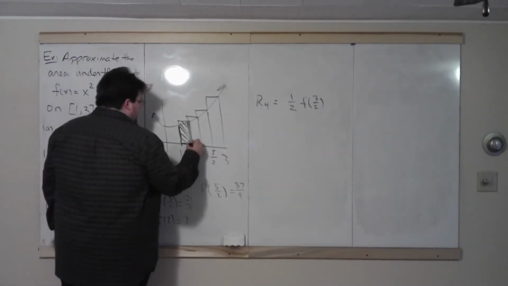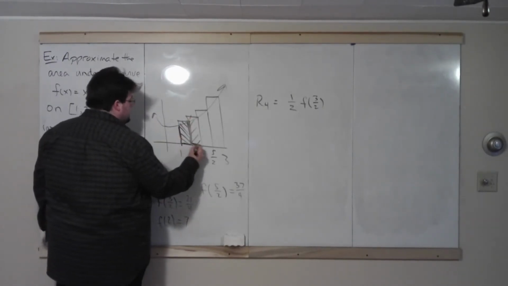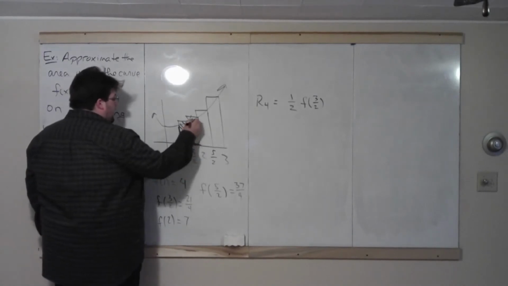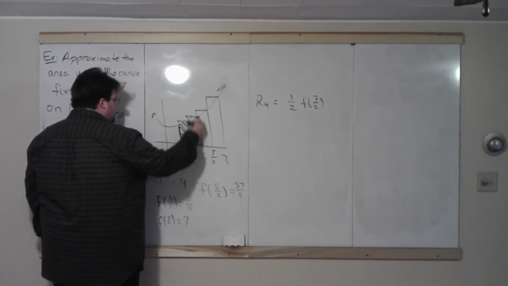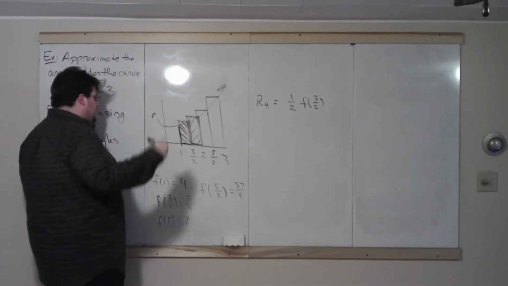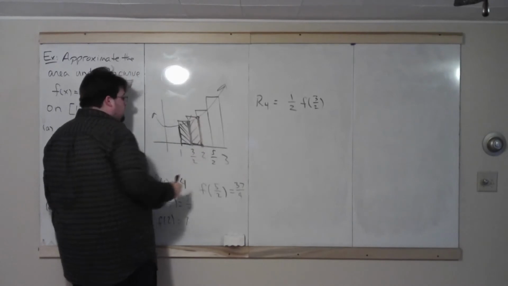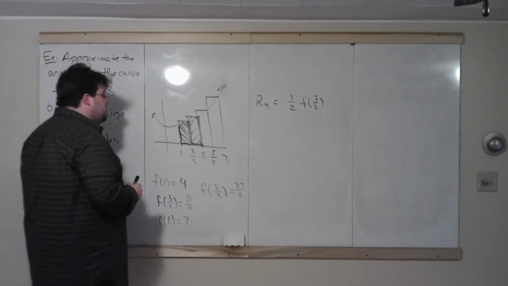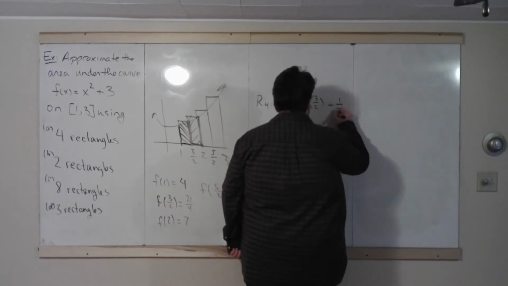The second rectangle, this one, the base is still going to be 1/2, but again, the height is given by this line segment, I suppose you could say. But this line over here is given by the function evaluated at 2. We're using right-hand endpoints now.